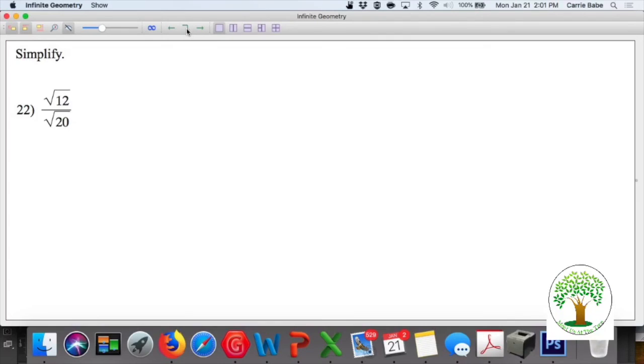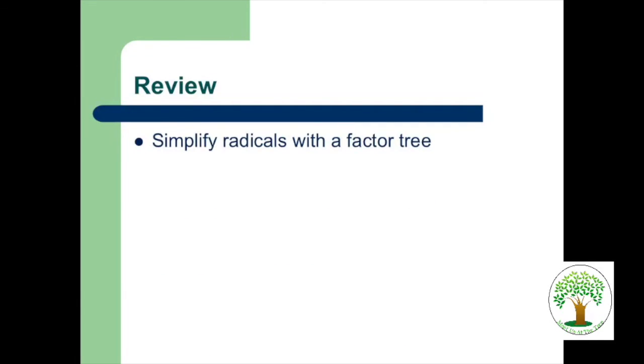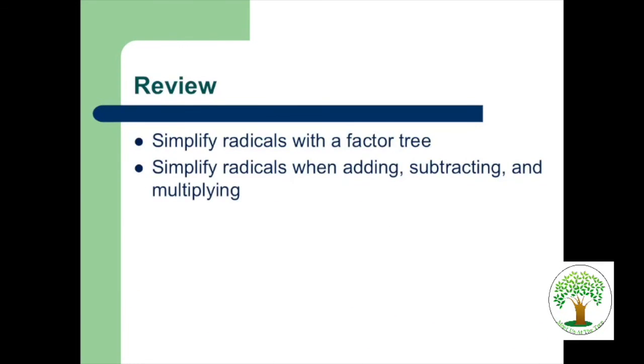All right, let's go back to there. Okay, this is what you learned today. You simplified radicals by doing the factor tree and taking out the partners. We have done this before. You simplified radicals when we added and subtracted them, and we also did some multiplying. The new part today was the adding and subtracting, or the review, but the multiplying we've done in the past couple of units.